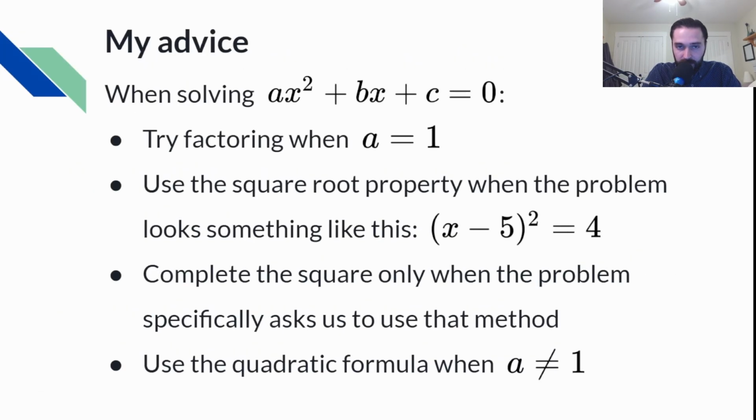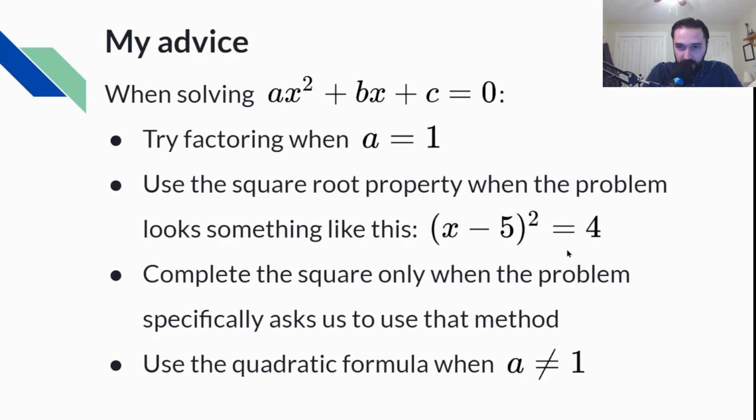So the question is, which method should we use to solve quadratic equations? And the answer is it depends on the situation. Here's my advice. When you're solving a quadratic equation that looks like this, try factoring when a equals 1. This expression could be factorable. Also, use the square root property when the problem looks something like this.